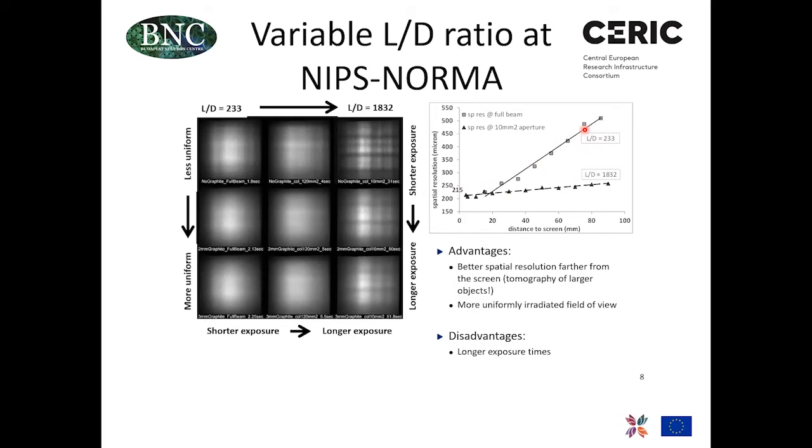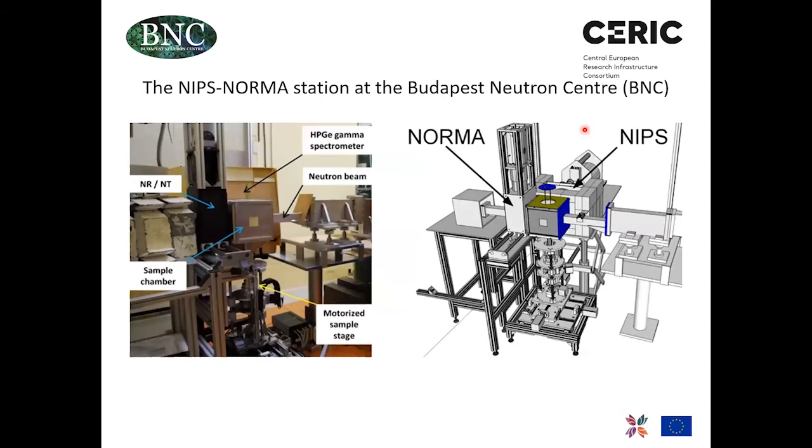So that's why this Pinhole Exchanger is very efficient in optimizing the beam properties to the requirements of the experiment. Of course, if you use a smaller pinhole, then you allow fewer neutrons to reach the sample, and as a consequence, you need longer exposure time, so you will lose time dynamics or time resolution. And this has to be always optimized case by case, from experiment to experiment.